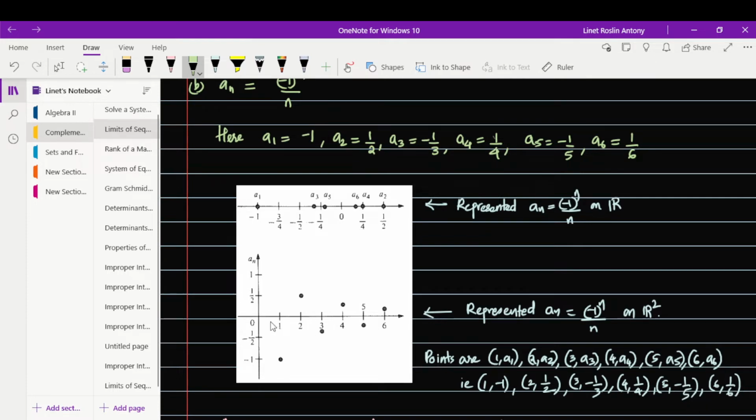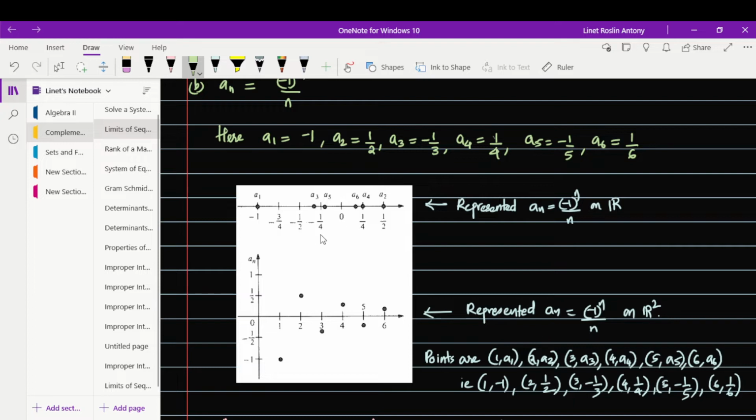So we are plotting them neatly here. See, 1 comma minus 1 is plotted here, 2 comma 1 by 2 here, 3 comma minus 1 by 3 here, 4 comma 1 by 4 here, 5 comma minus 1 by 5 here, and 6 comma 1 by 6 here. So it is neatly plotted, right?